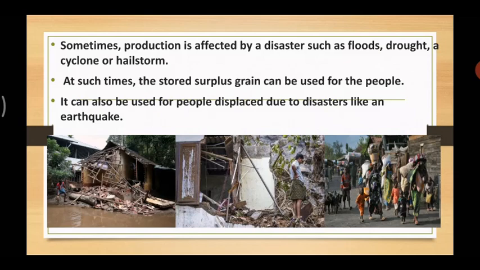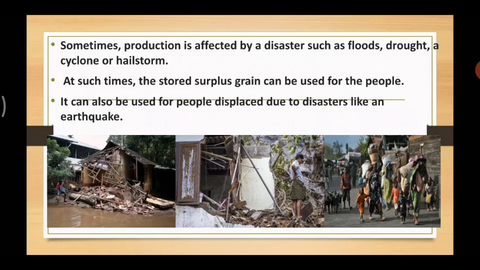Sometimes the production is affected by disasters such as floods, drought, a cyclone, or hailstorm. At such time, what can you do? At such time, the stored surplus food grains can be used for the people.